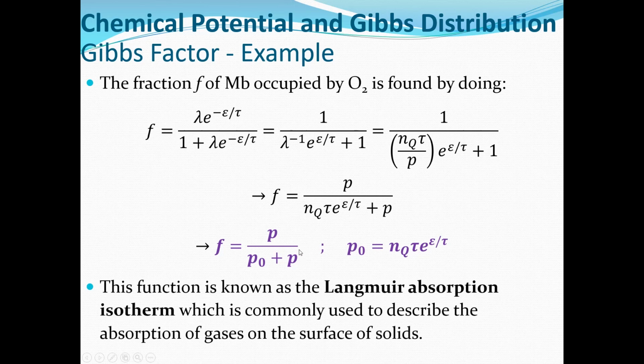This equation is something called the Langmuir absorption isotherm, basically talking about absorption of gases on the surface of solids. So this is pretty much all in terms of pressures and temperatures.